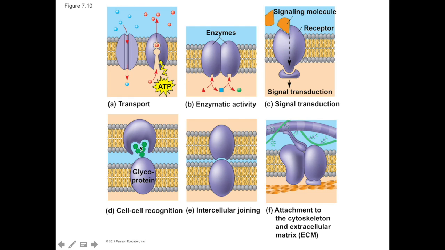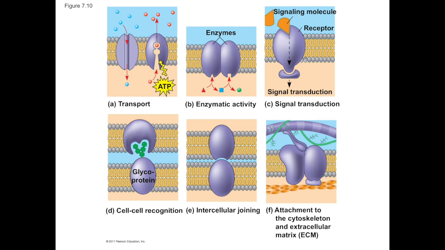That glycoprotein tells the cell next to it, hey, you are my neighbor, and this is exactly where you're supposed to be, and we should just get along with each other. So that's cell-cell recognition. These two cells are going to be good neighbors to each other.